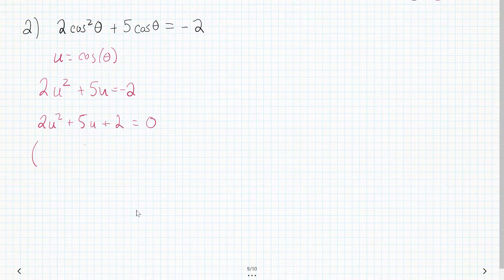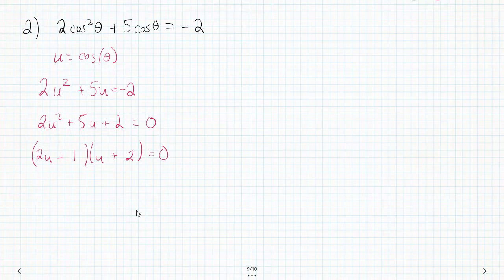So if we're able to factor, let's see here, we'll have a 2u here, and that means we'll have a u there, and we need it to be positive and positive. Oh, okay, so this one will work out pretty nicely. So we have 2u plus 1, and then u plus 2, and this whole thing equals 0.